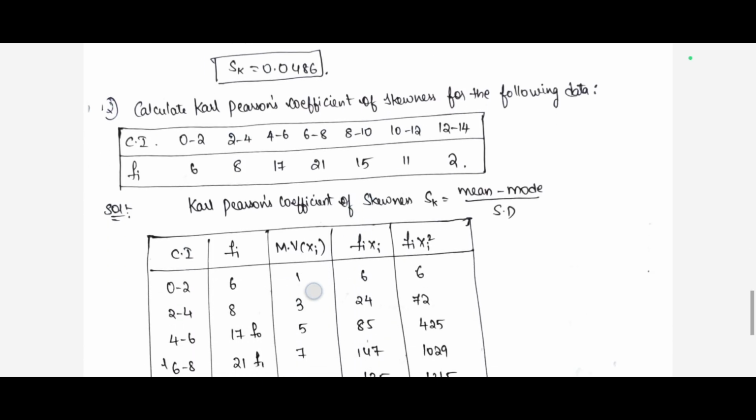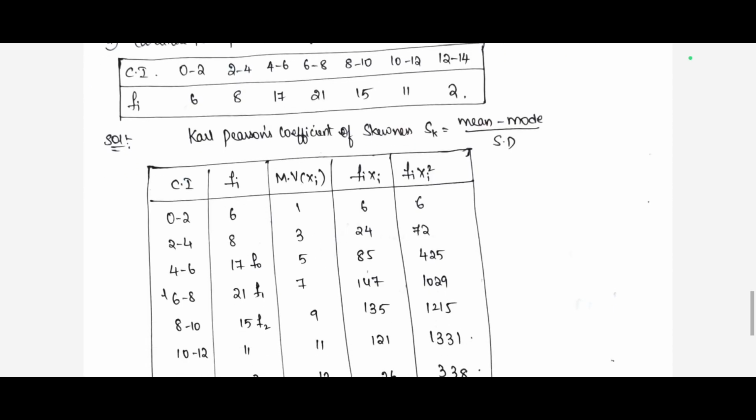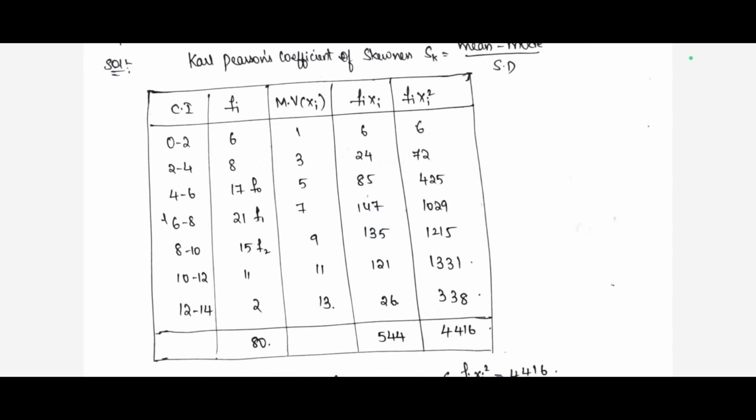Similar formula and calculation apply for the Karl Pearson coefficient of skewness in another problem, with class intervals and frequency data again. The formula is mean minus mode divided by standard deviation, and the calculations lie in the table.